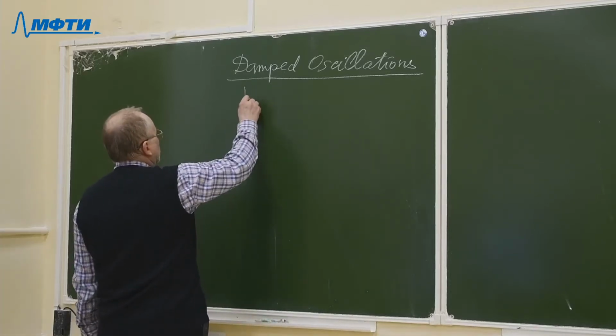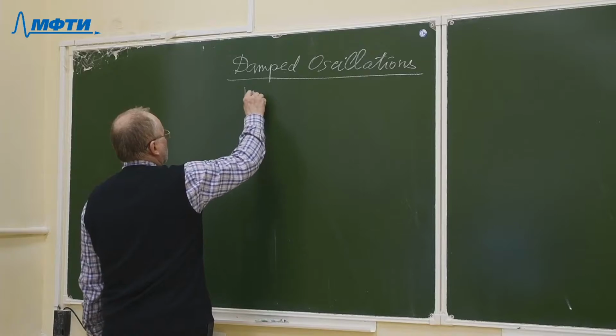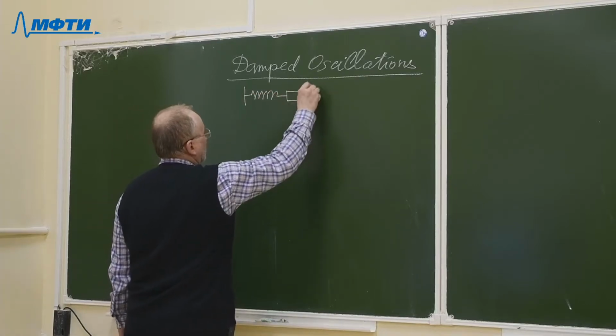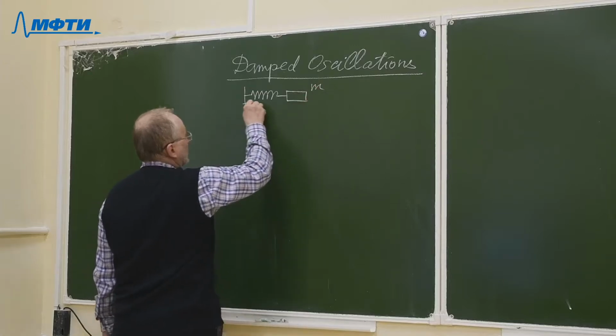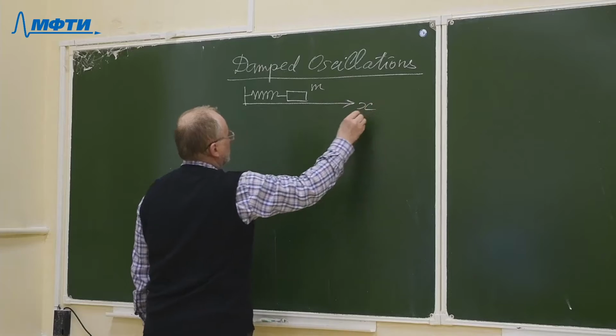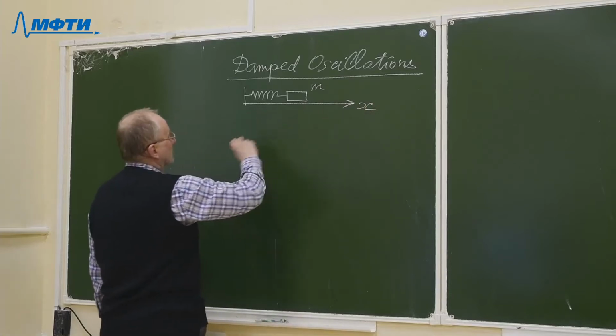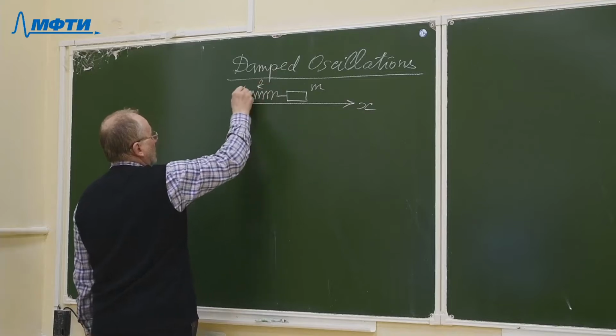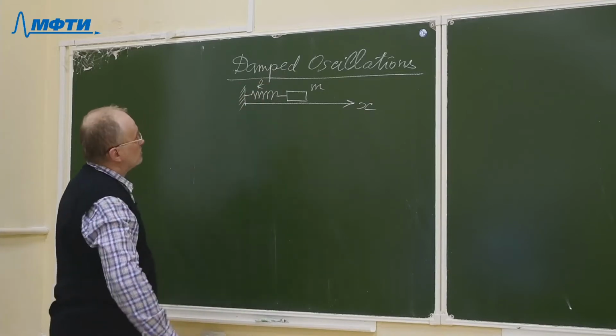So if there is a body on the spring, a body of mass m, which can slide on a horizontal surface along the x-axis, and the spring of stiffness k attached to a wall.